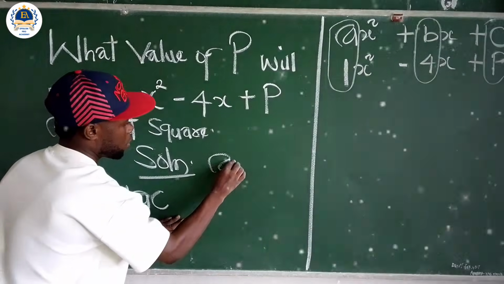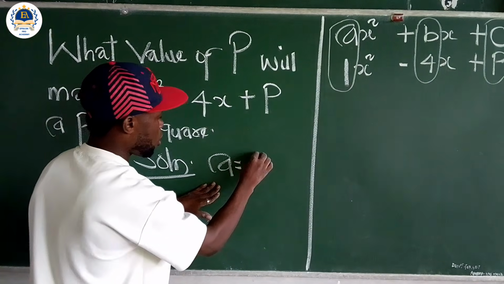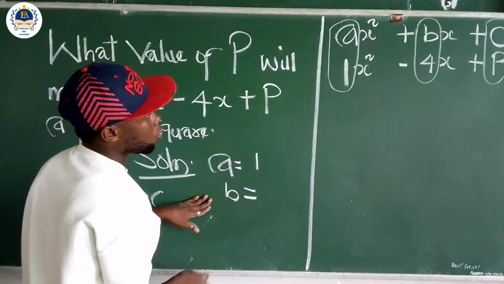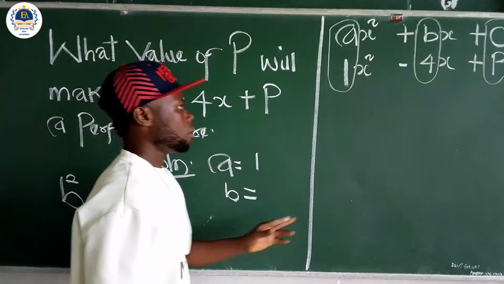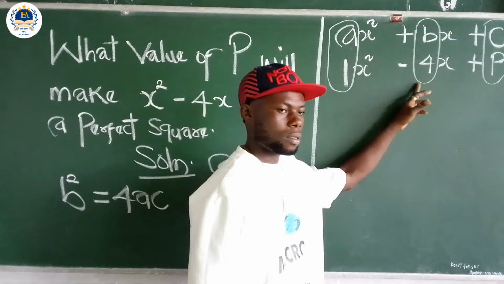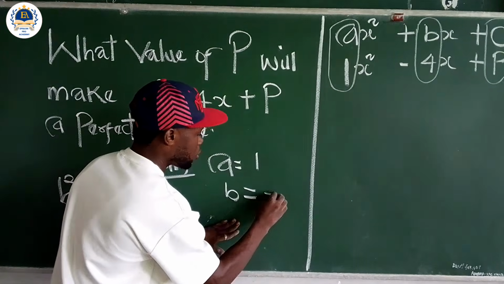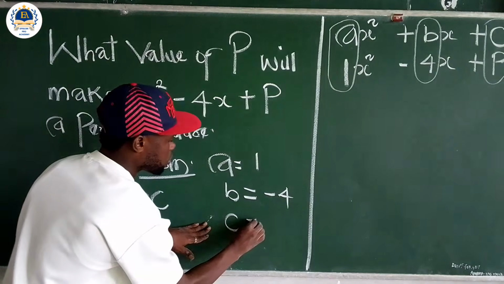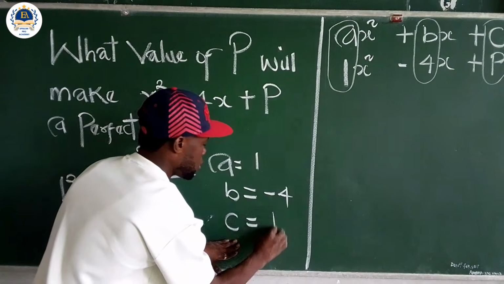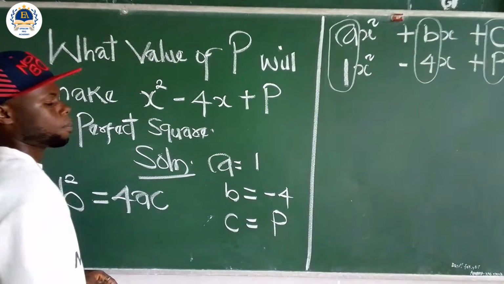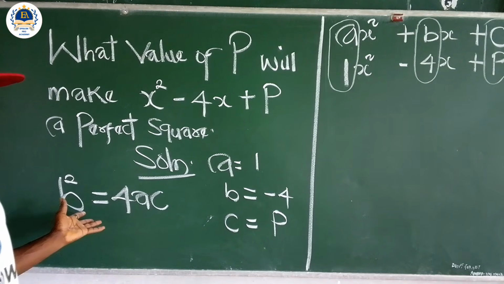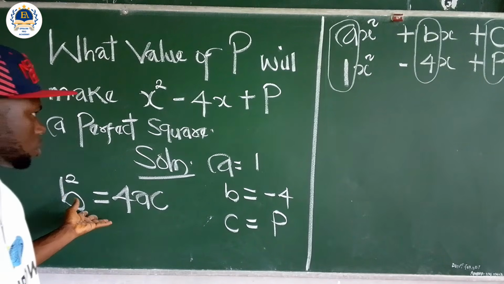A is equal to 1, b is equal to minus 4, and c is equal to p. By substitution, we are going to put all the values into this equation on the board.